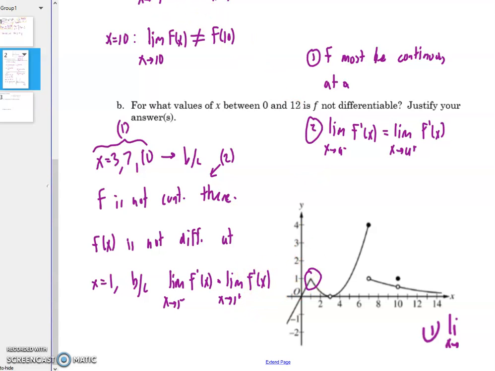If you look at the derivatives here, the derivative from the left is some positive number, this is a positive slope, and this right here is a negative slope. And so they can't be equal.